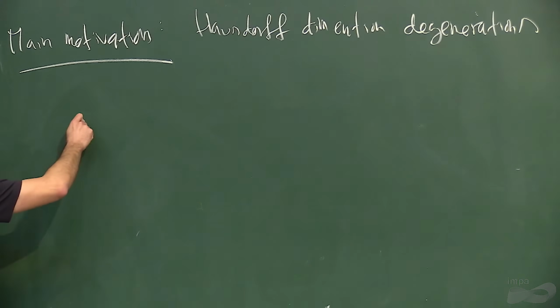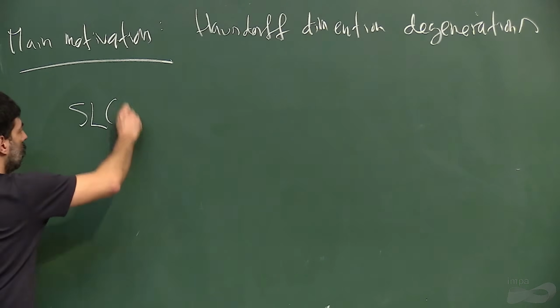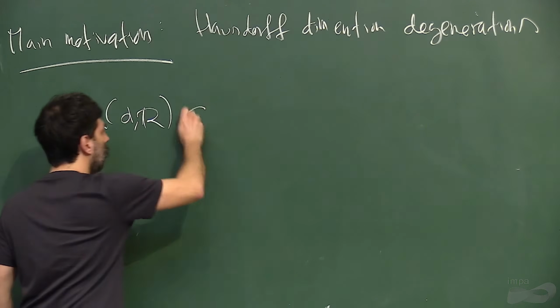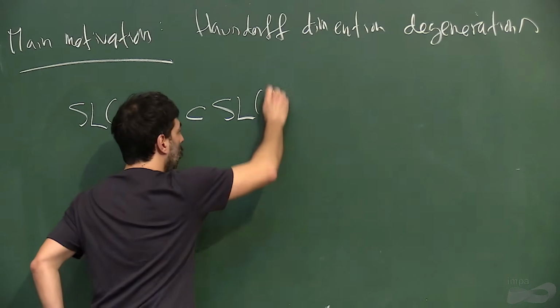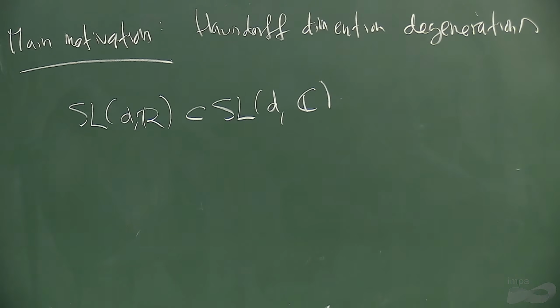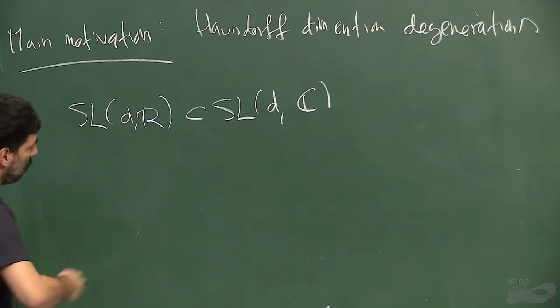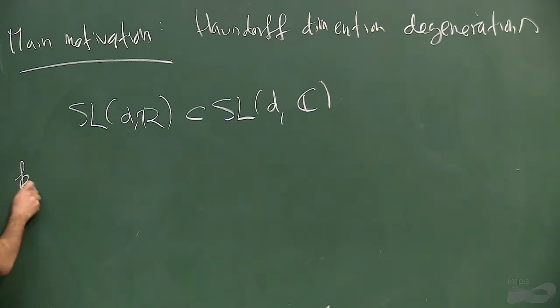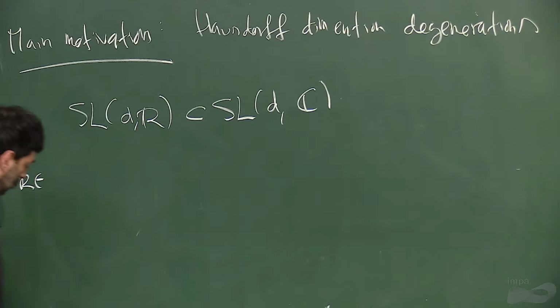So you have your SLD(R) that you're going to consider now inside the complex SLD first. And you pick some Grassmannian. So you pick some number. Sorry.